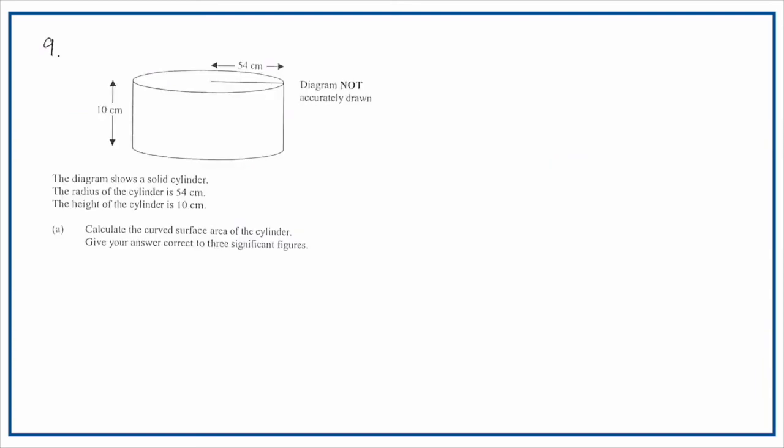Question 9, the diagram shows a solid, a cylinder. The radius of the cylinder is 54 centimeters. The height of the cylinder is 10 centimeters. Calculate the curved surface area of the cylinder and give your answer correct to 3 significant figures.